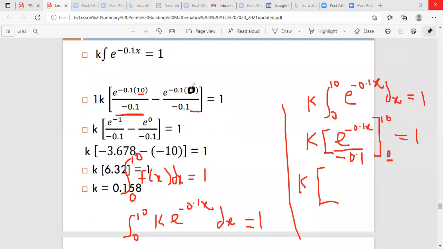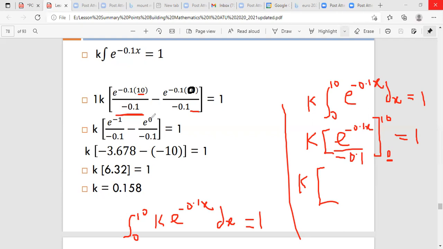Good. And then once you do that, negative 0.1 times 10 will give you negative 1, and negative 0.1 times 0 will give you 0. So when you take your time to do the calculation on your calculator, you realize that e raised to the power negative 1 over minus 0.1 will give you negative 3.678.